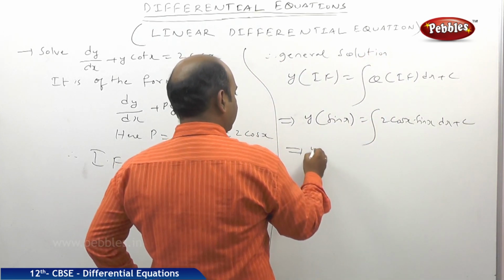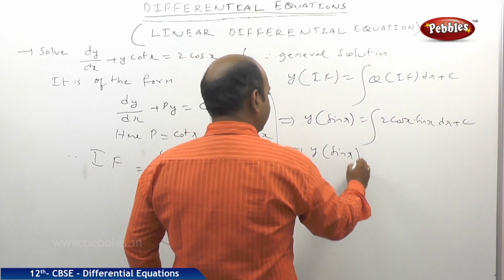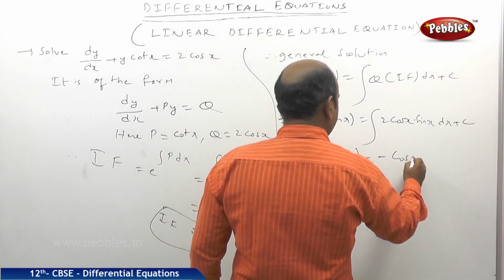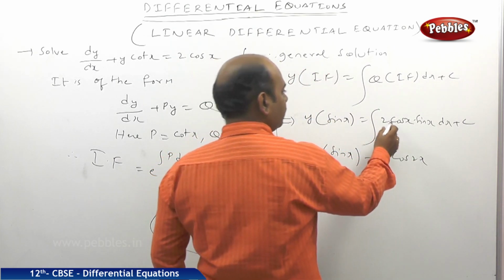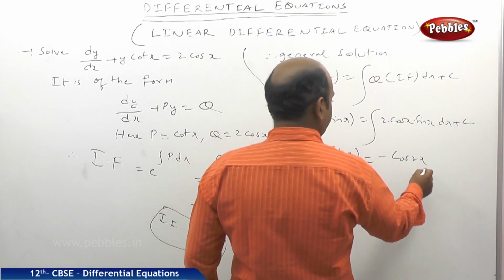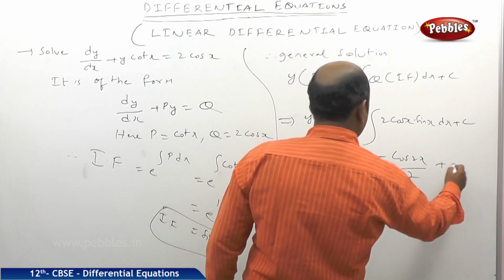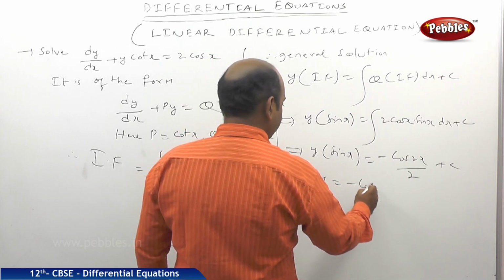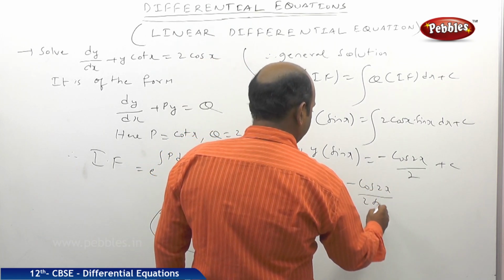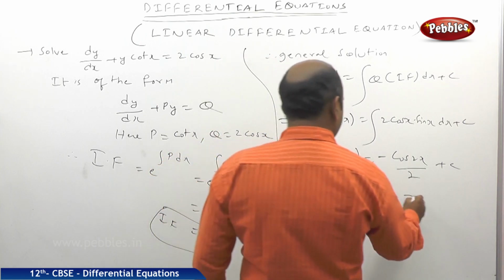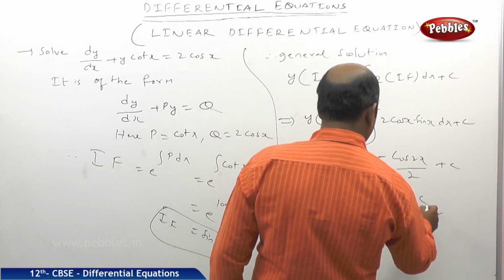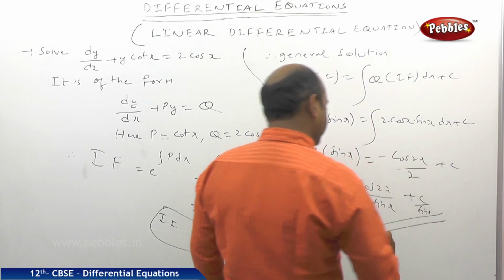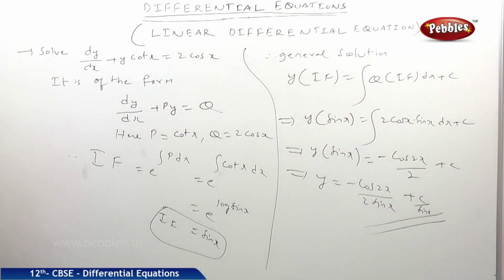So finally what are we getting? y into sin x is equal to integral of sin 2x, because 2 cos x sin x means sin 2x. Integral of sin 2x is minus cos 2x by 2 plus c. So finally I can write like this: y is equal to minus cos 2x by 2 sin x plus c by sin x, right? So this is our required solution.